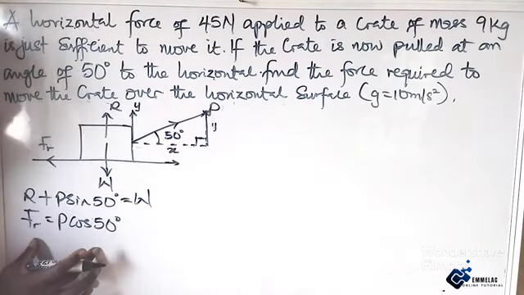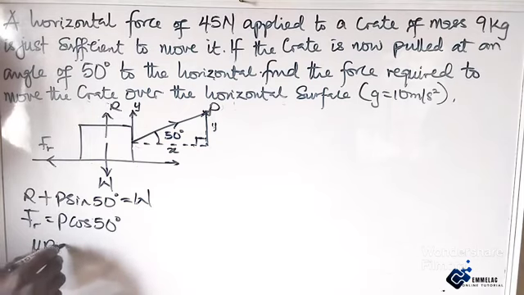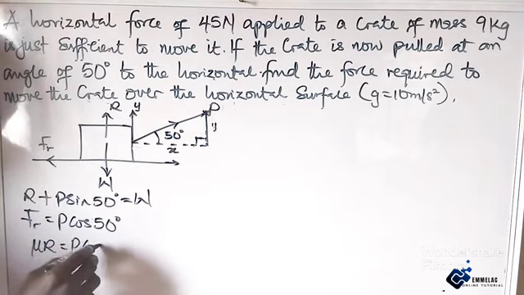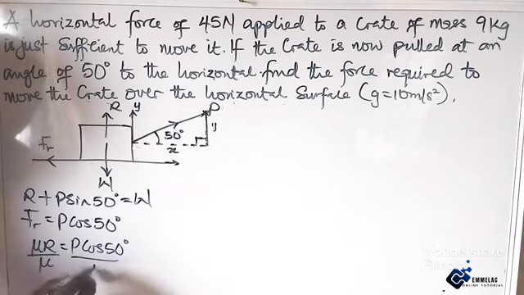So from here we can see the frictional force will give us the coefficient of static friction times R equals P cos 50. So from here we can make R the subject of the formula by dividing by this.